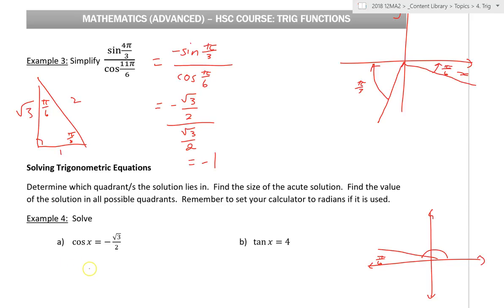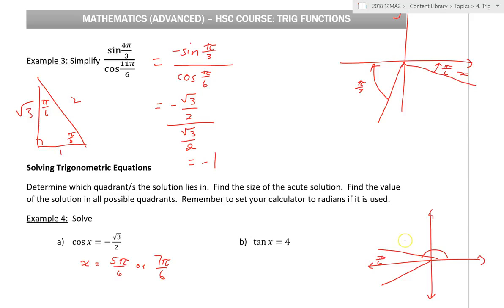So I've got this one and I've also got this one here. So x equals 5 pi over 6, or this one, pi over 6 plus pi, or 7 pi over 6, right?